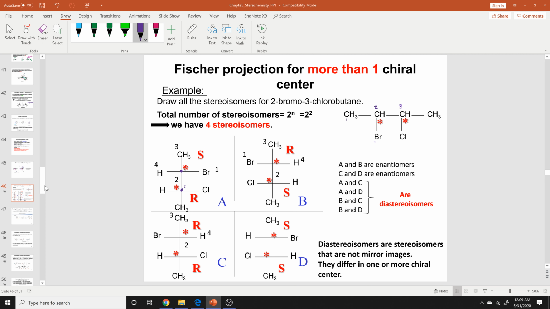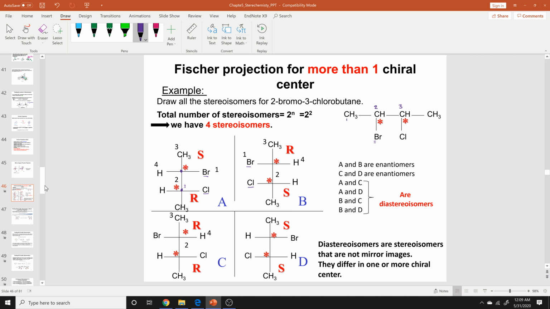For the mirror image, whatever you see on this side, you're simply going to write on the other side, okay? So this is going to be the mirror image. You only change the orientation of the horizontal lines, not the vertical. This is the 180 degrees. The vertical stays the same. So this is going to be the second stereoisomer.